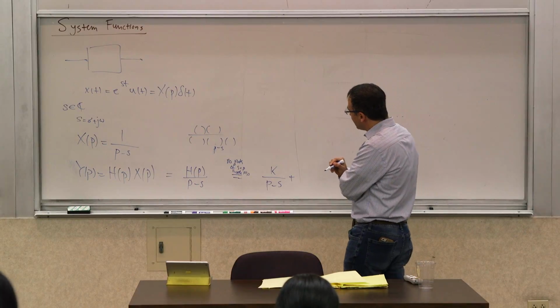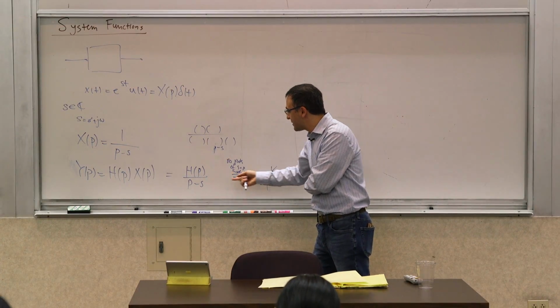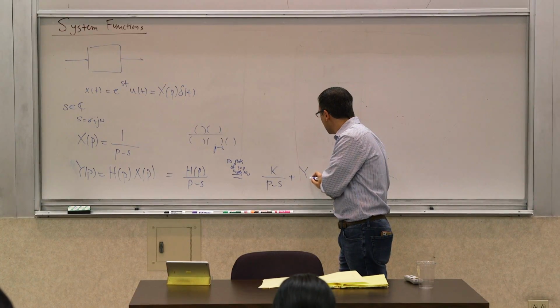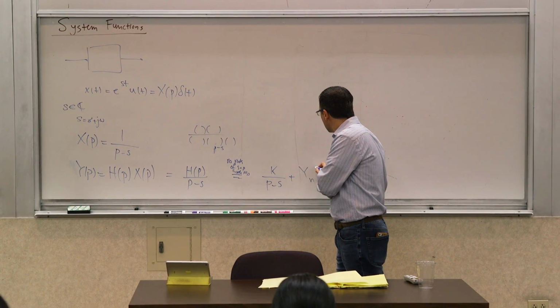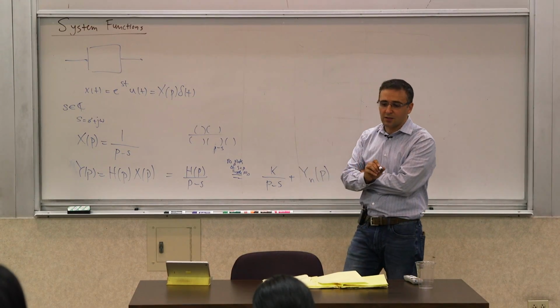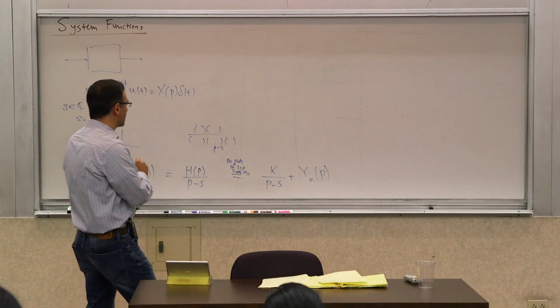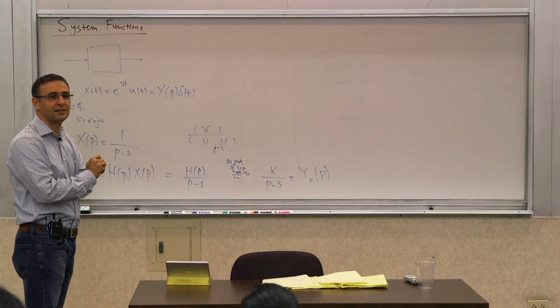So that plus whatever is left when you divide it by that, there would be the rest of the partial fraction expansion. I'll show that as Y sub n of p, and we'll see why I use the sub n part.